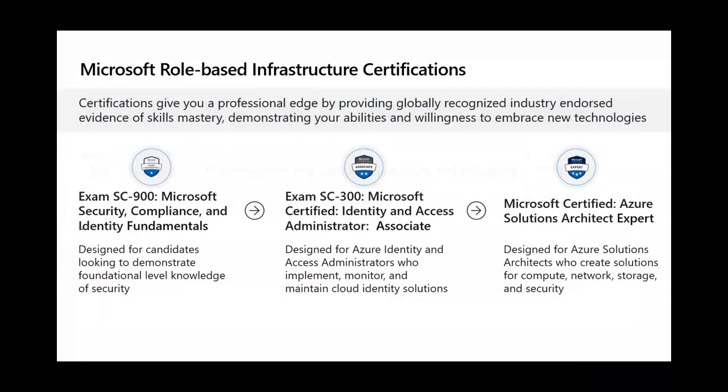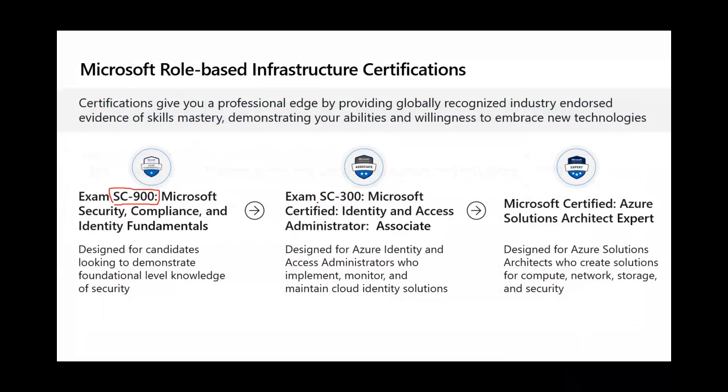As I said, it's better to take the SC-900 exam. It's about the fundamentals of Microsoft security, compliance, and identity. With that, you will have more information about security, compliance, and identity in general within Azure. Then we have the SC-300 course, which we are having today.